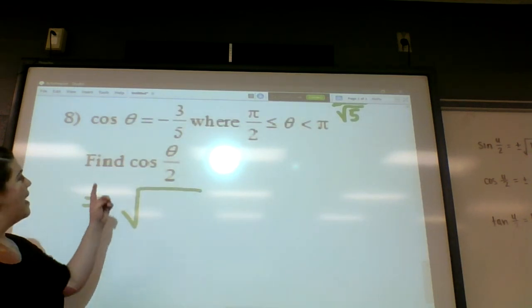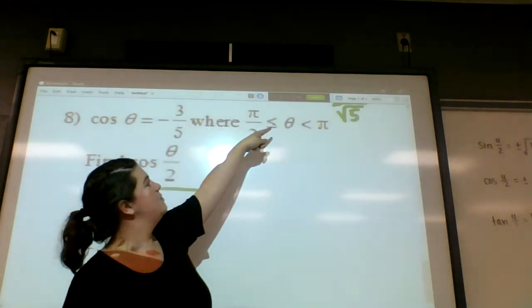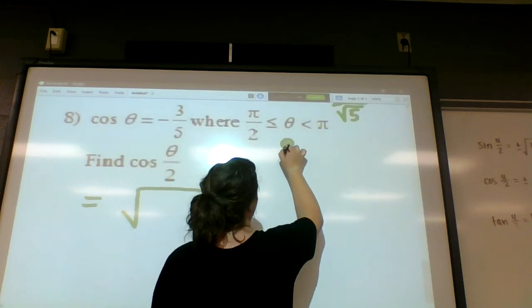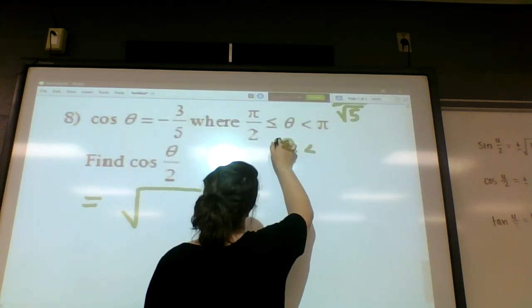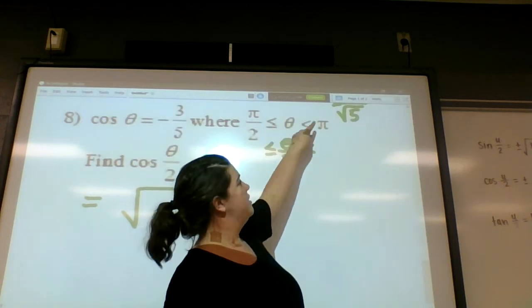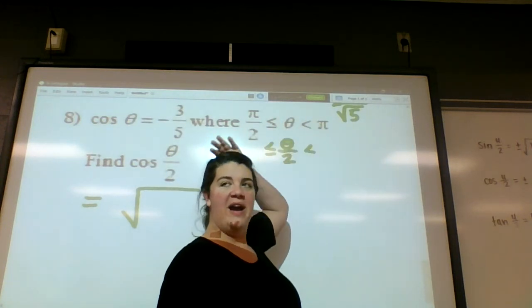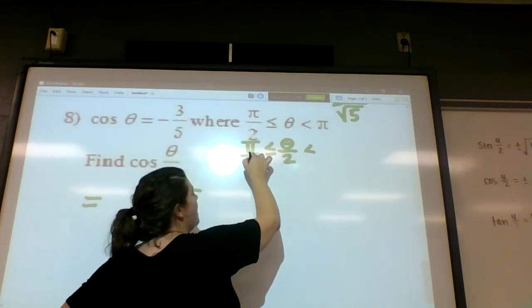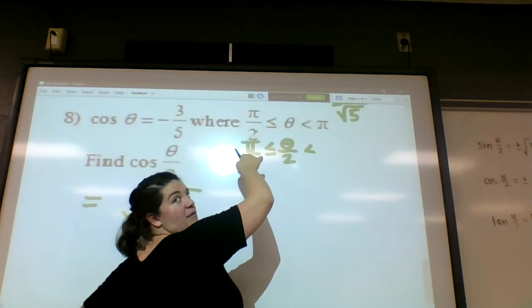So theta is between pi over 2 and pi. So where would theta over 2 live? Because that's the angle we have to decide if it's plus or minus. Theta over 2 would live between where and where? Pi over 4. So if you cut pi over 2 in half, you would get pi over 4.